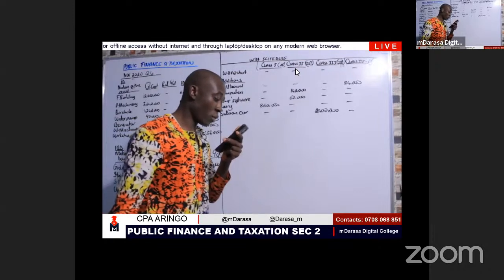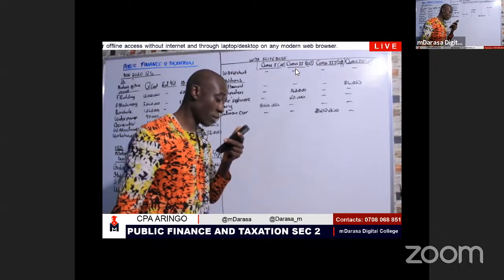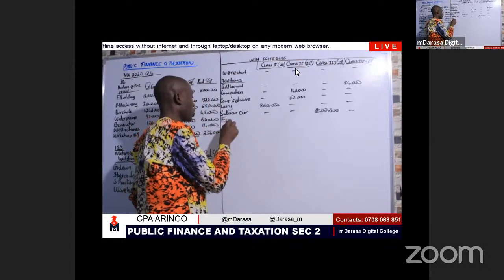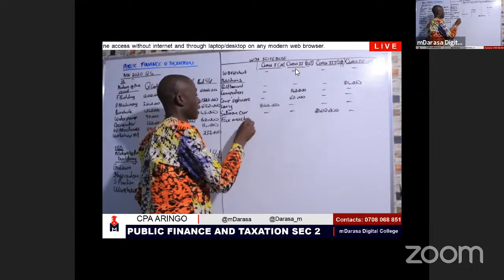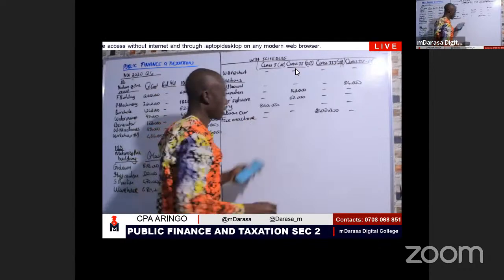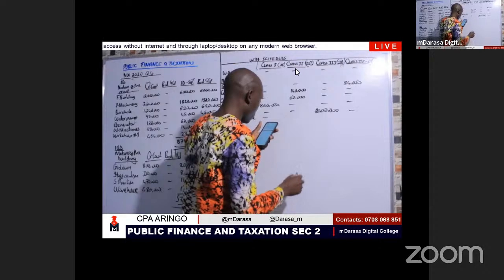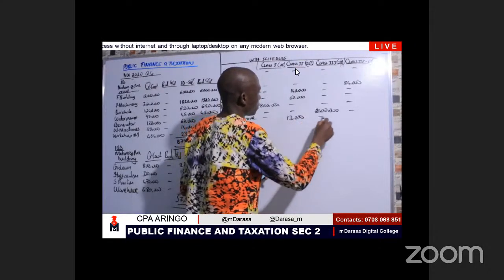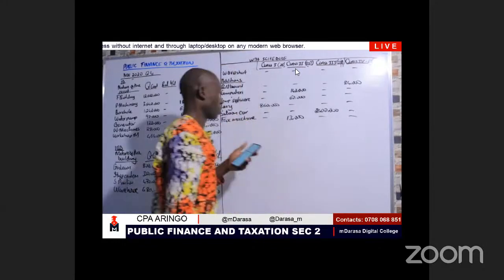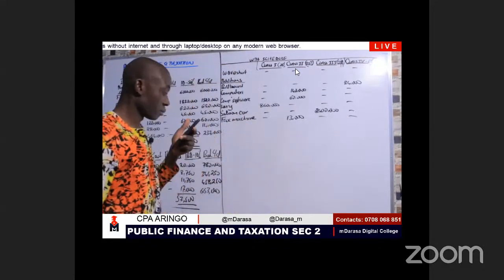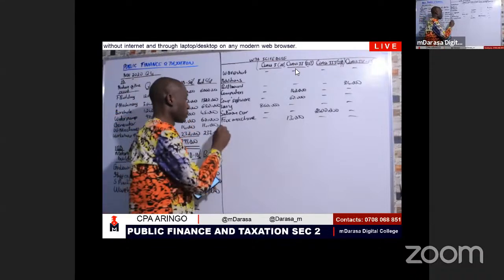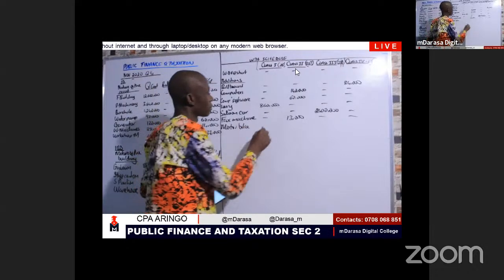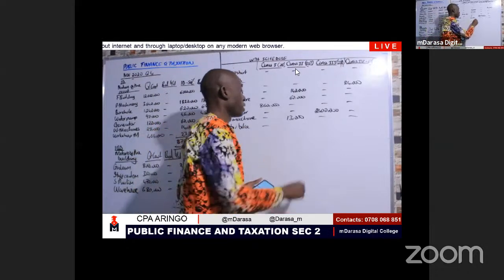Then we have warehouse, we've looked at it. Weighing machines, I'm having fax machine. Fax machine, we are going to place it where? Class 2, right? Fax machine, I'm given 13,000. Motorbike, which class?